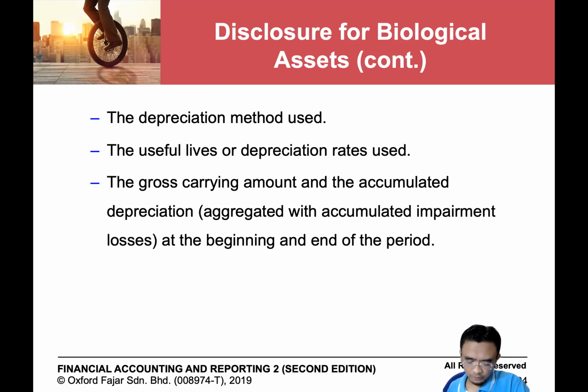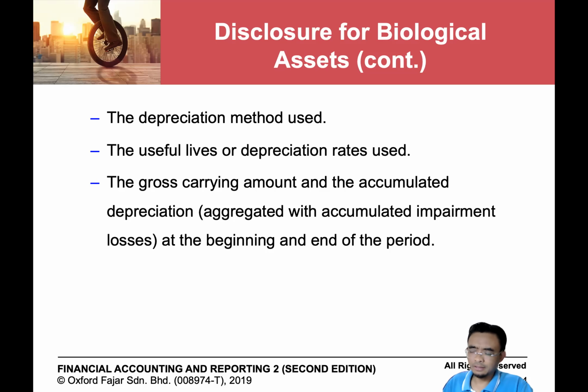Okay, in Figure 5.2 on page 159, as you can see, dia ada tunjukkan kalau oil palm, the oil palm tree is considered as bearer plant. So it will come under MFRS 116, because the oil palm tree can produce palm fruits every year.